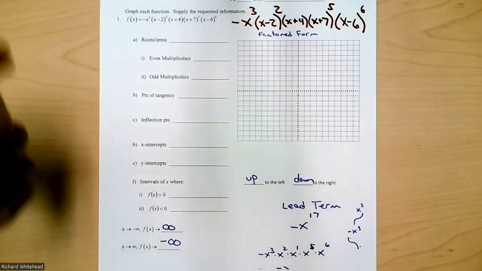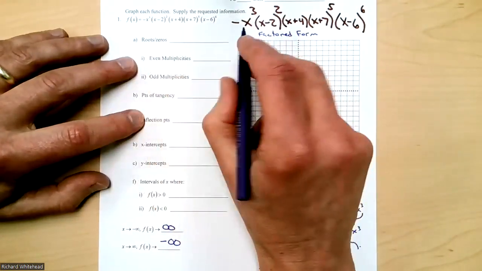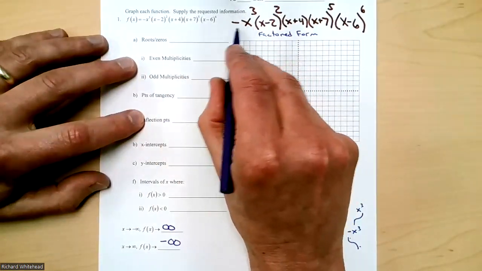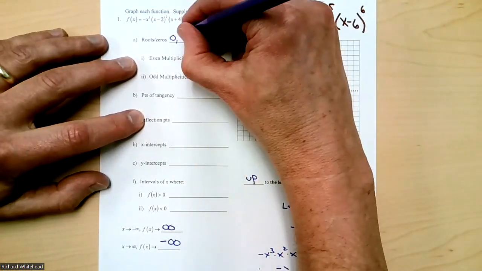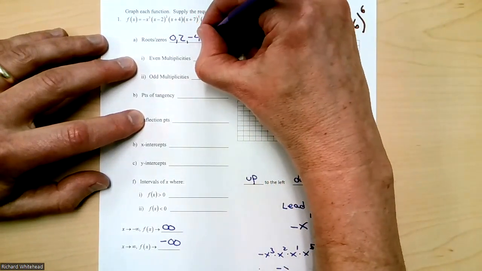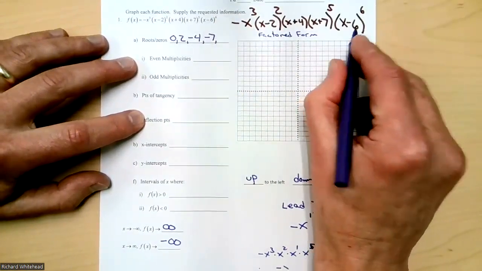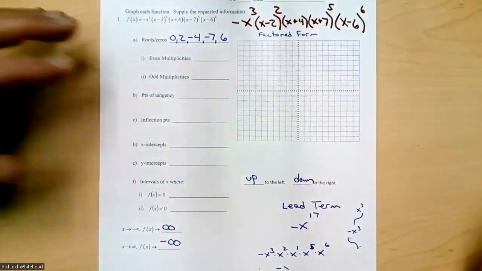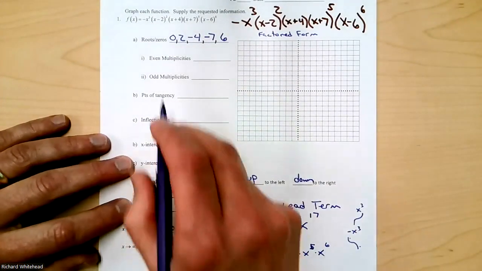Okay, so let's look at the easier parts now. The roots are just the zeros. What makes this go to 0? 0, for x cubed. 2. Negative 4. Negative 7. 6. Those end up being my x-intercepts.